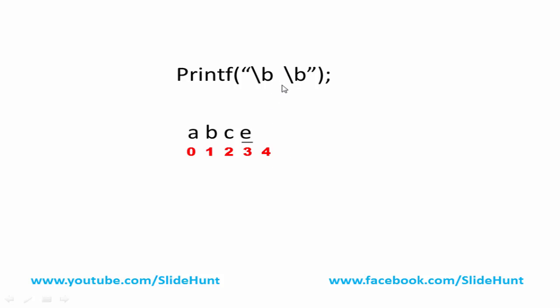Then we print a space, so space will be printed at index 3 and the cursor will go at index 4. But we need to move the cursor at index 3. For that we print another backspace. Now whatever the character entered by the user will be printed at index 3. Okay, let's back to our program.